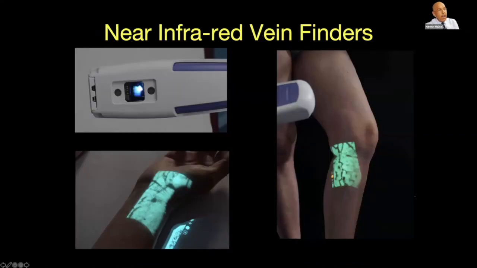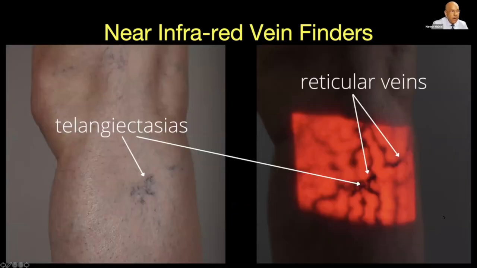I also have been persuaded to part with my children's hard-earned inheritance, and I've bought myself a near-infrared vein finder. And I do like these devices. I think they give a very good view of reticular veins coming into telangiectasia.